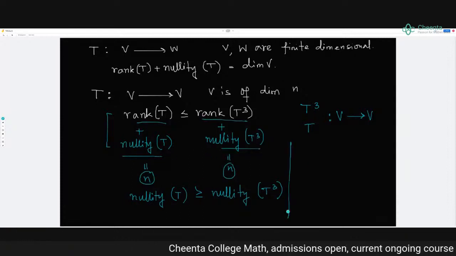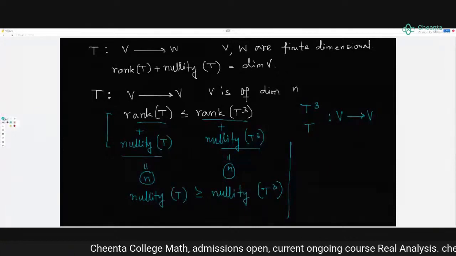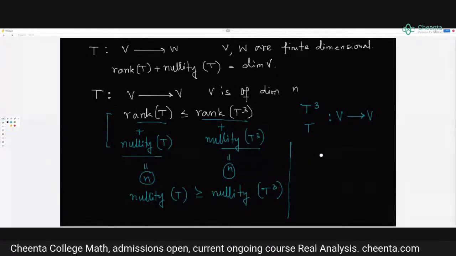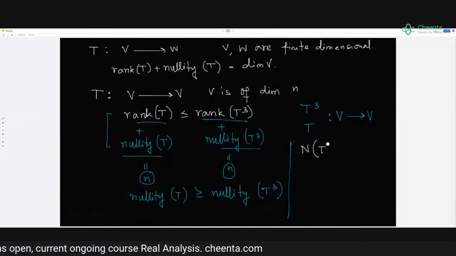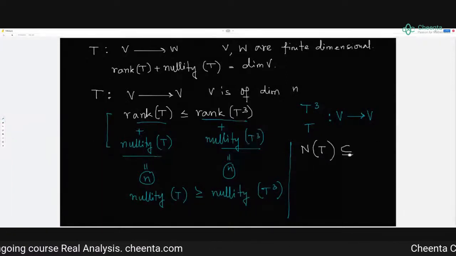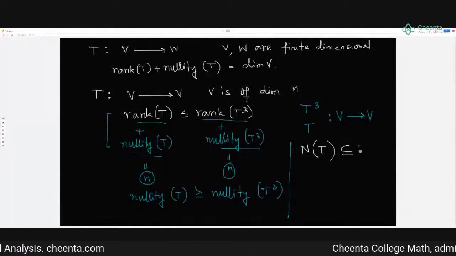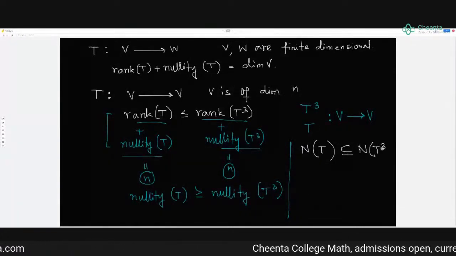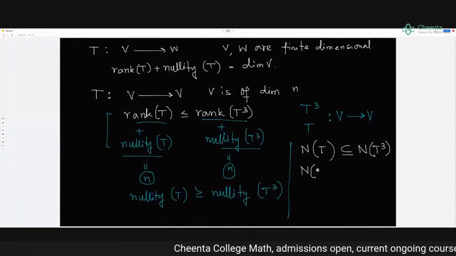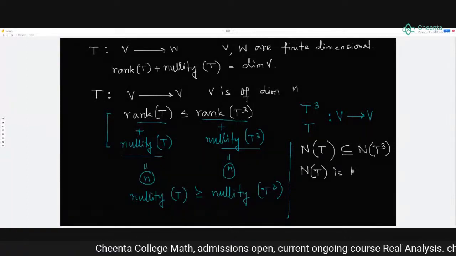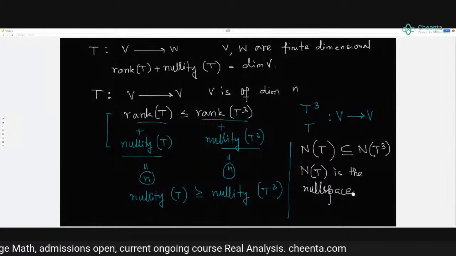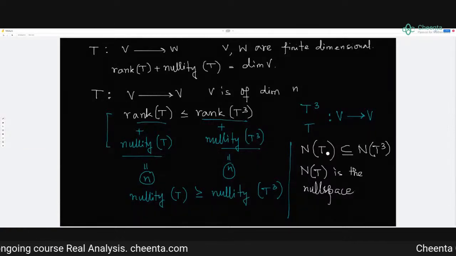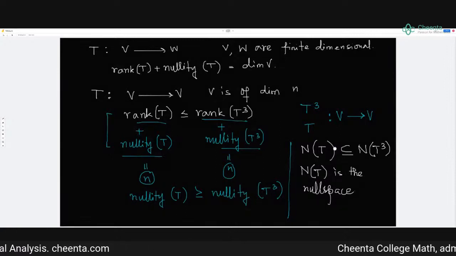But one of the observations that you need to make here as well is that the null space of T is always contained in the null space of T cubed. So N(T) is the null space, right? Because if for v, T of v equals 0, then T cubed of v is of course equal to 0.